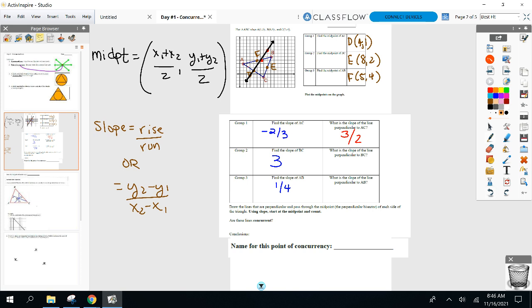All right, group 2. Your slope was 3. So what's going to be the slope of the perpendicular line I'm about to graph? Negative 1/3. So everyone go to point E and do a slope of negative 1/3. Where do you want to go here? Down and over? Up to the left? From point E, down 1, right 1, 2, 3.